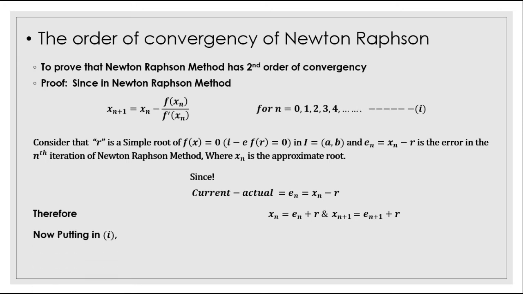Now putting this in equation number 1, in the scheme of the Newton-Raphson method, we replace x_{n+1} by e_{n+1} plus r, and x_n by e_n plus r.